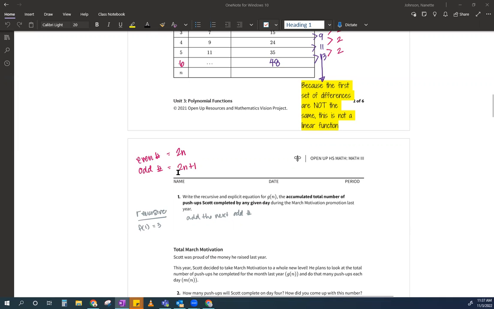Now, what about 2n plus 1? Why is this an odd number? Because the number right after an even number will always be an odd number. So this is how you say odd numbers.